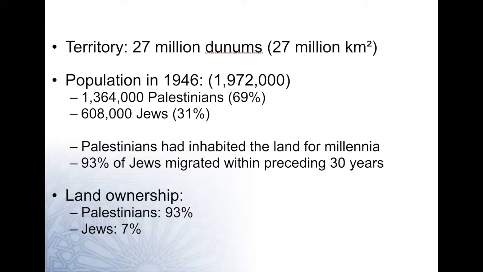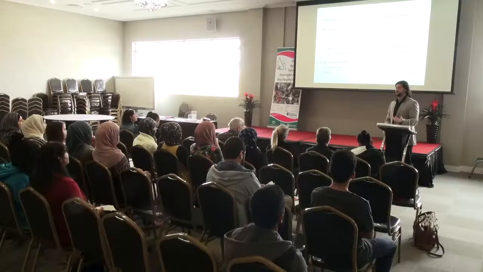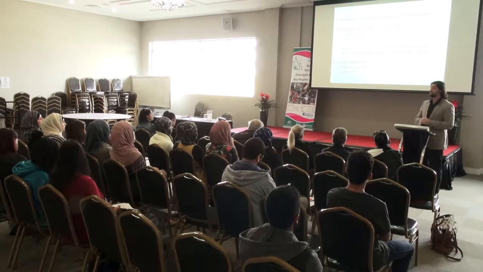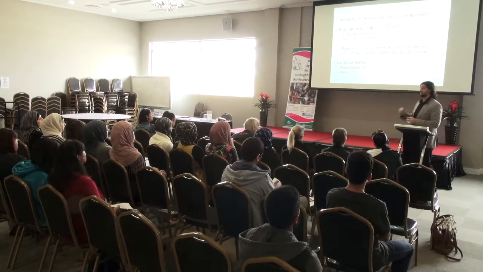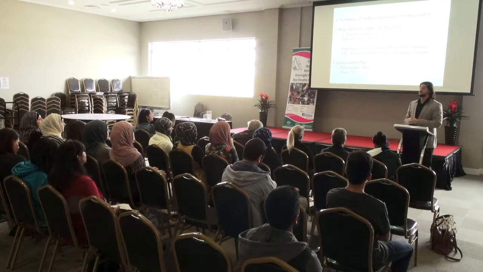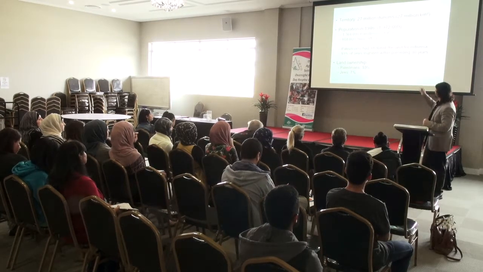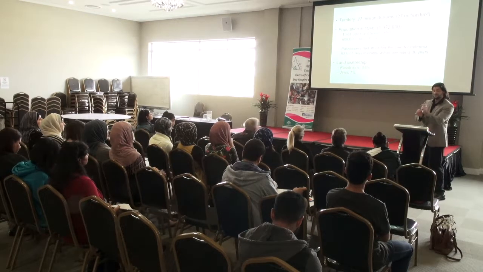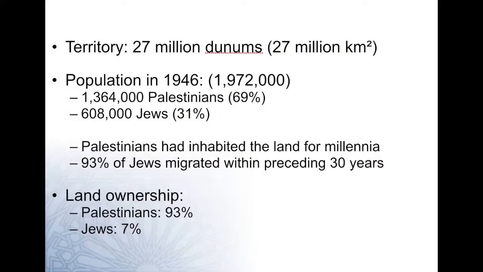The Middle Eastern Jewish people are referred to as the Sephardic Jews, and they look different. They look quite similar to Arab people. Whereas the ones who are coming from Europe are the Ashkenazi Jews, and they look distinct from the Middle Eastern Jews. Another important point to note is that the Palestinians, the Muslims, Christians, and that small percentage of Jewish people, had inhabited the land of Palestine for millennia. 93% of the Jews migrated within the preceding 30 years.